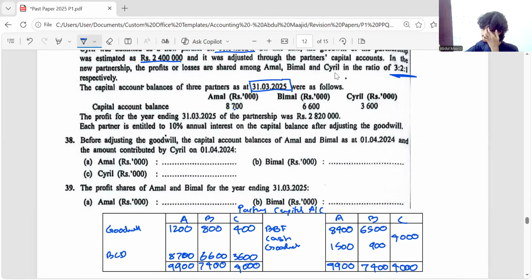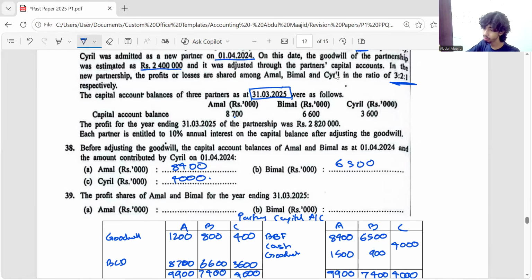So then they are asking for the opening balance before adjusting the goodwill of Amal and Bimal and how much did Cyril contribute. That is 8,400, 6,500, and cash 4,000 given by Cyril. Then the profit of the partnership was 2,820,000.